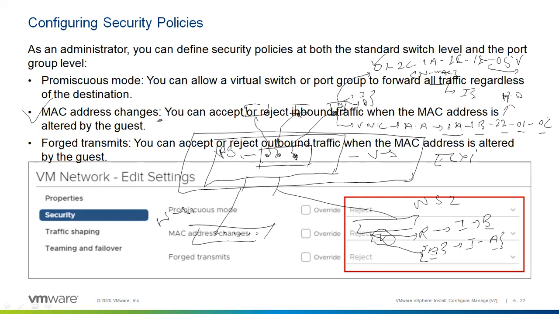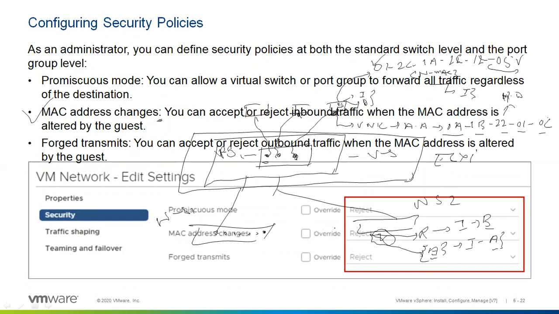In this case, this virtual switch will inform the boss, I have a new MAC address along with the existing one, don't block my incoming. So incoming block and outgoing will be decided by your virtual switch. All right.